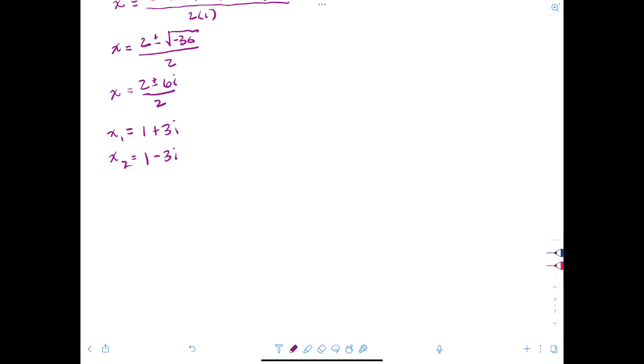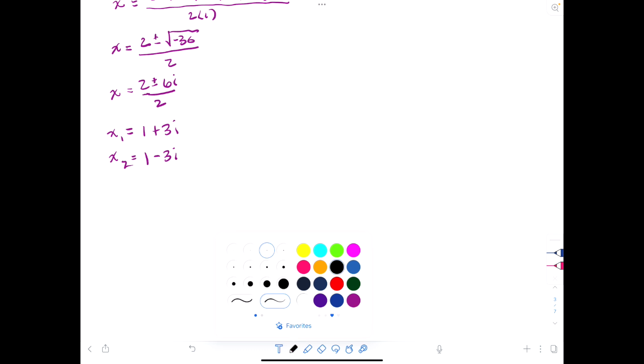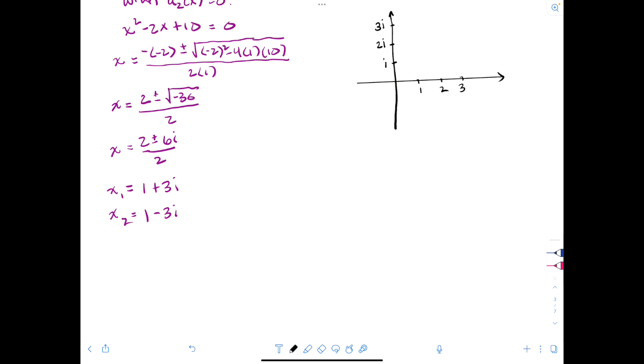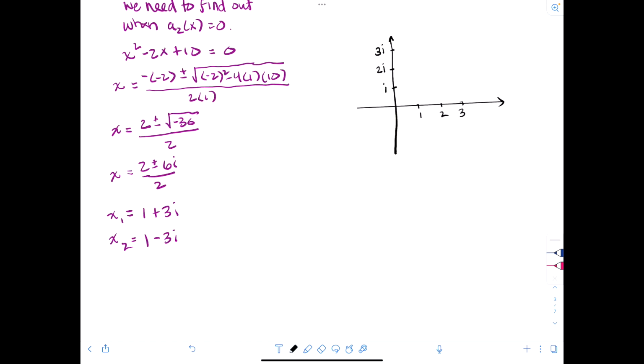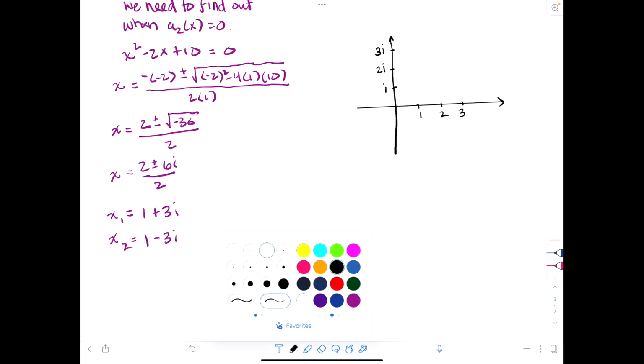If you take a look at a picture in the complex plane, the i would be like the y-axis. So basically, let's see what we have going on. We're going to have our x0 equal to 0, so we've got this ordered pair 0, 0.